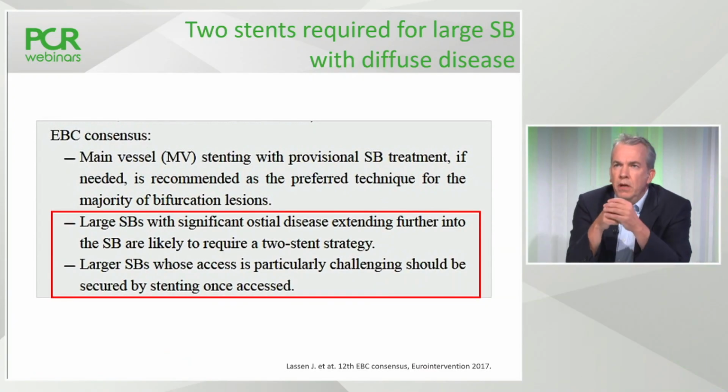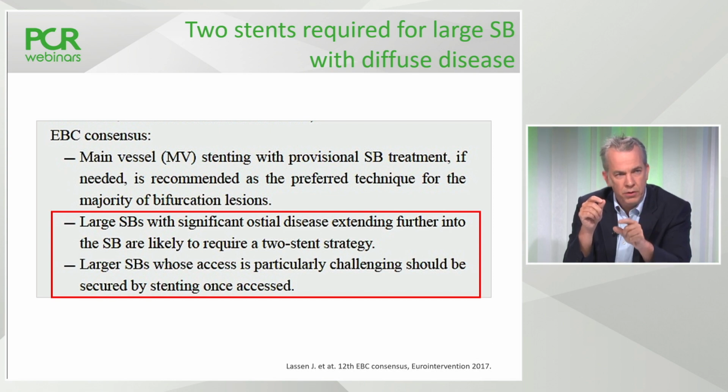Yeah, so I think there are two main anatomical groups. This is looking at non-left main stem bifurcations. Two main groups where you would consider using two stents in a planned way. That would be where you have two vessels of significant size, and in the side branch you have quite a long length of side branch ostial disease.